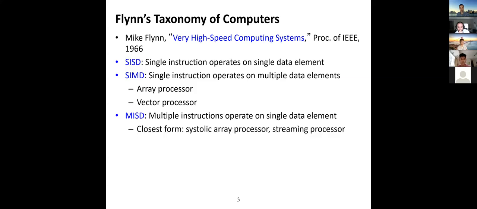So the closest form, which we usually don't teach but recently got very popular, is the systolic array, right? This is something where multiple instructions operate on a single data element, trying to efficiently utilize the existing hardware. Some of you in the area might have heard about the tensor processing unit from Google that is used for machine learning acceleration.